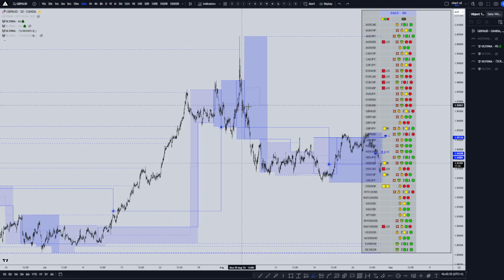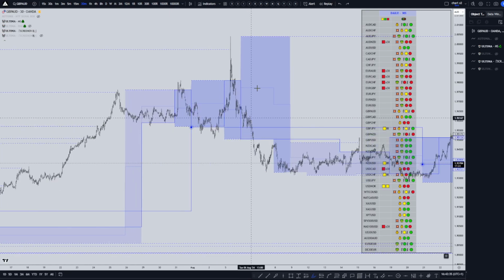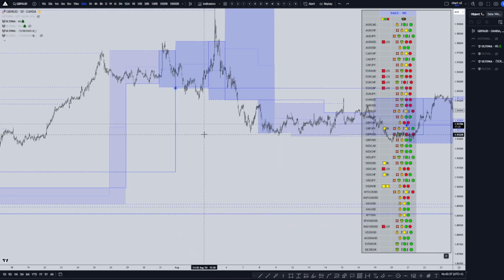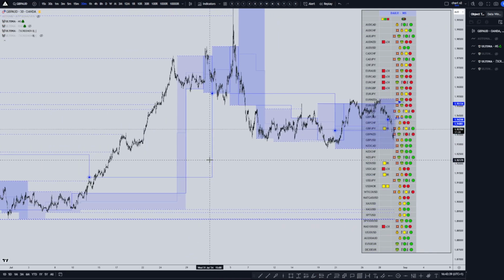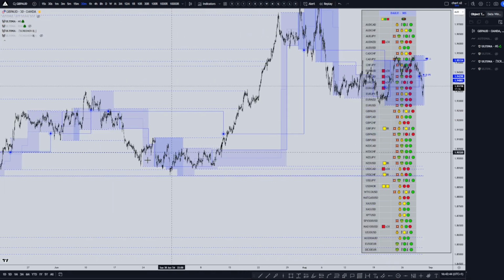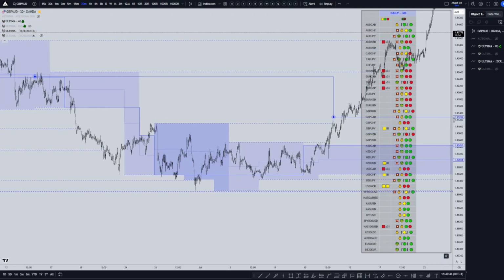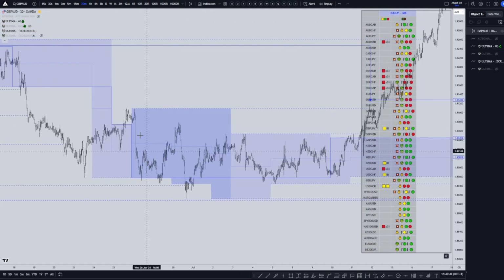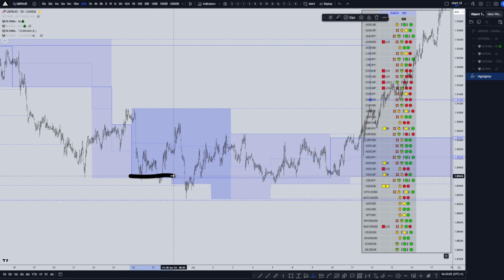What I noticed most of the time is that it happens for trend continuations, together with ICIs, like for example here. So we have an expansion, we swept the high, swept the low. As soon as we swept the low, that's a bearish market structure break.